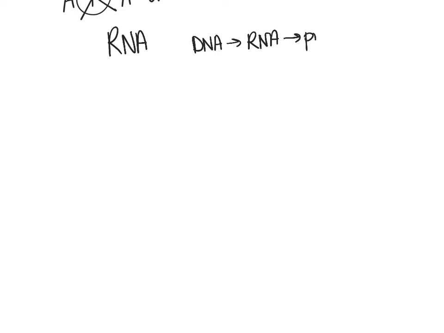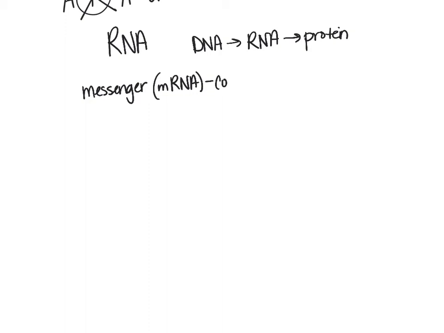And then we're going to make our protein using RNA. Now, there are three different types of RNA that you need to know. The first one is called messenger RNA, also called mRNA. So messenger RNA is going to contain the information about the amino acids in the protein.